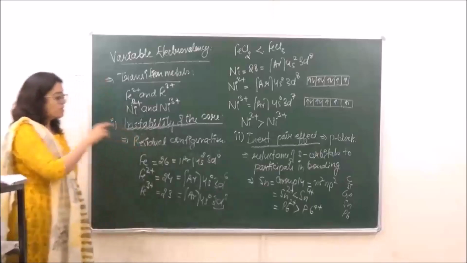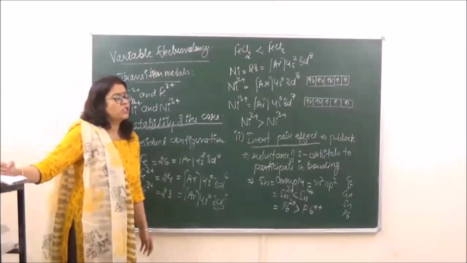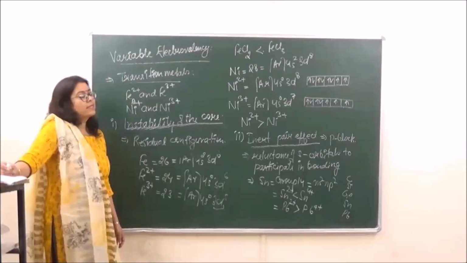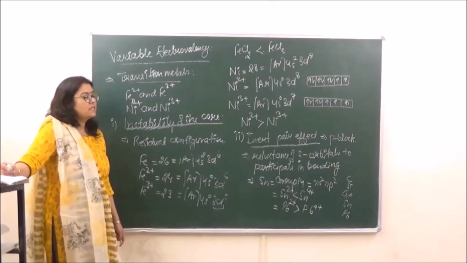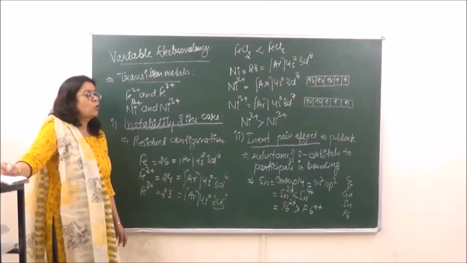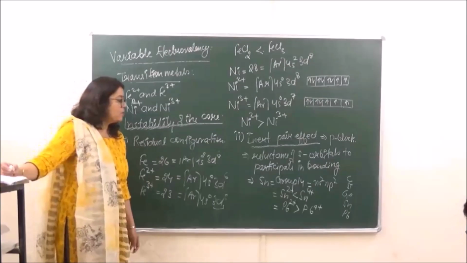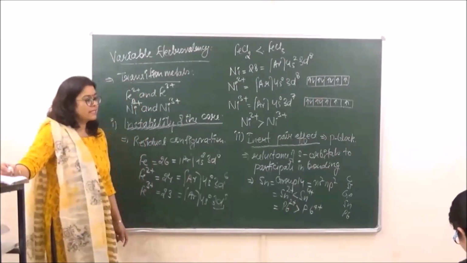We will also study further that these kinds of variable oxidation states categorize the p block into oxidizing and reducing agents. Anything which has a tendency to lose electrons is going to behave as a reducing agent. And anything which has a tendency to gain electrons is going to behave as an oxidizing agent.